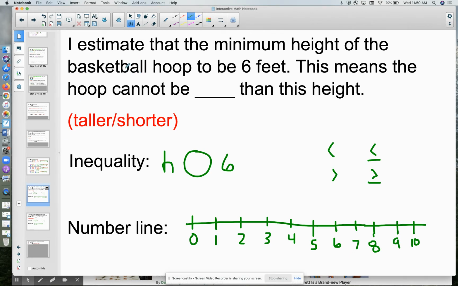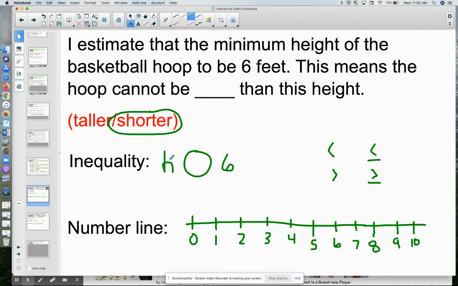If you want to write it like a short version, then that's fine. What do you think? I estimate that the minimum height of the basketball hoop to be 6 feet. This means the hoop cannot be shorter than this height.